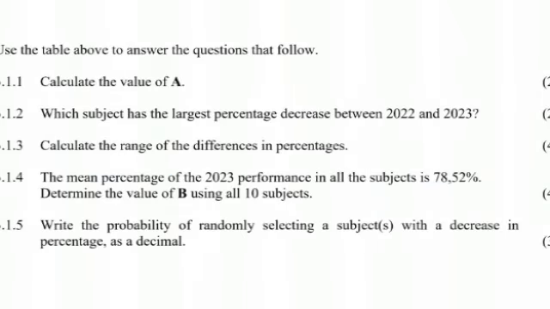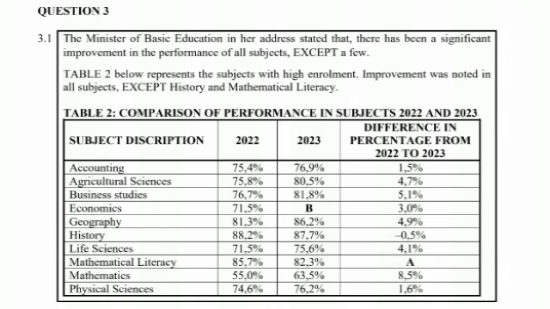In 3.1.3, it says calculate the range of the differences in percentages. So we are going to look at the column of differences, and then we are going to find the highest one, meaning the maximum, and the minimum and find their range.